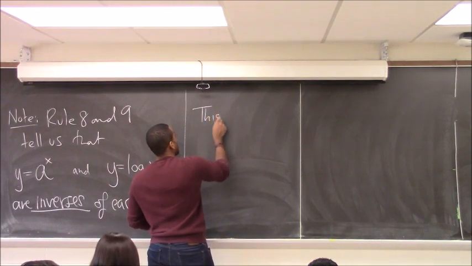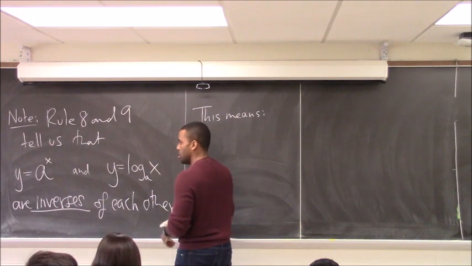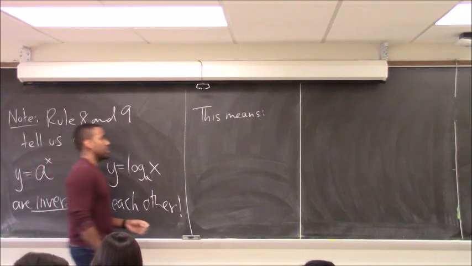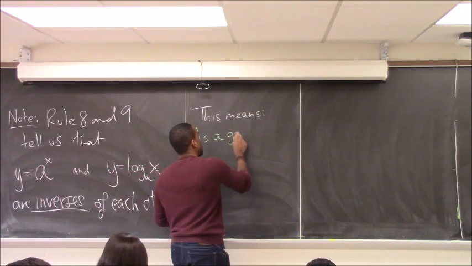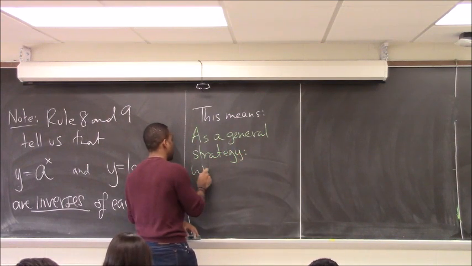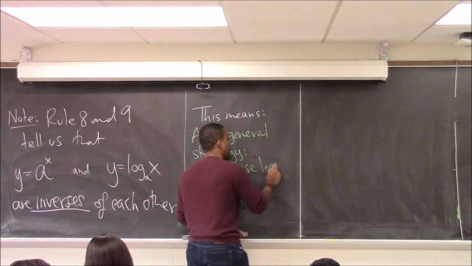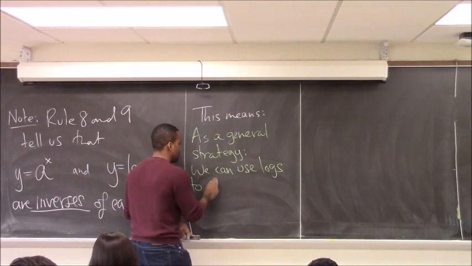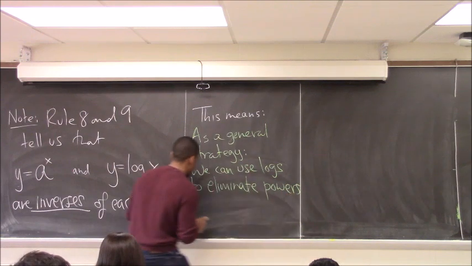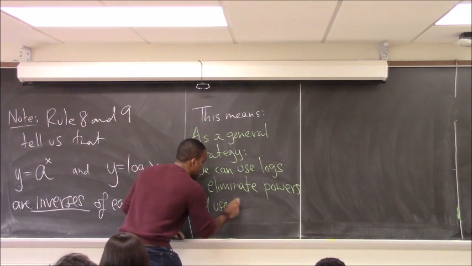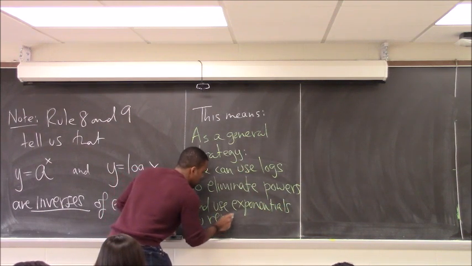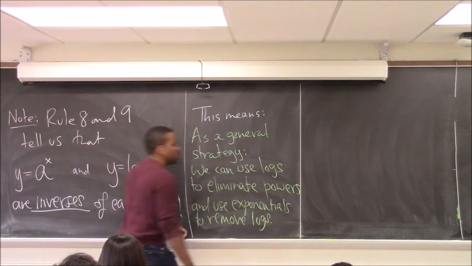This means, and here is a strategy for Kevin, since he's very interested in that: as a general strategy, we can use logs to eliminate, kill, destroy, remove powers, and use exponentials to remove logs. They're inverses of each other.